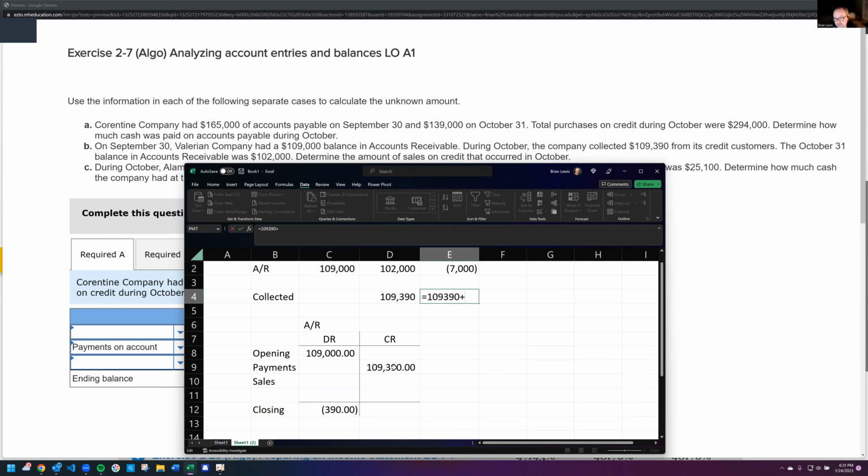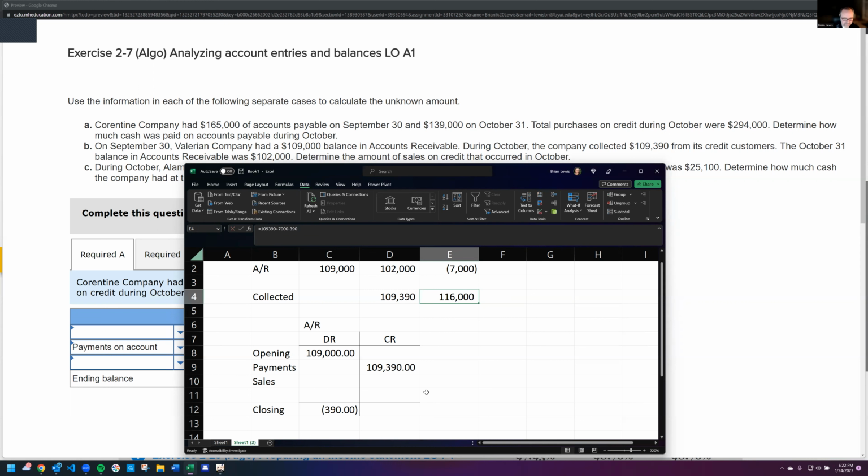So that zeroes out that credit side on the debit side. I need to bring this closing balance down. I have to take out the 7,000 plus that. So same thing, decrease it by 7,000, but I already got a decrease of 390. So it should be something like that.